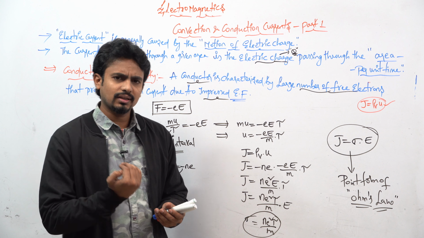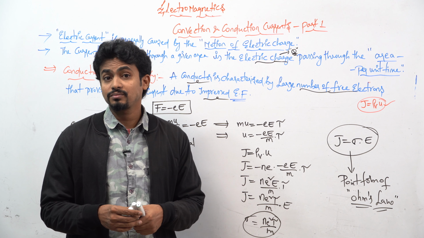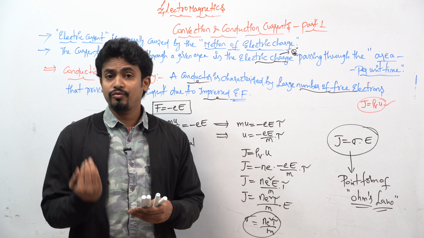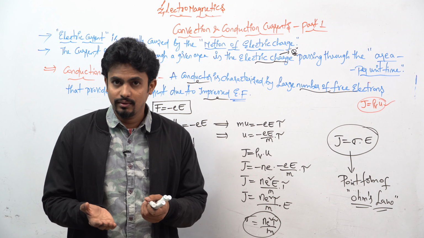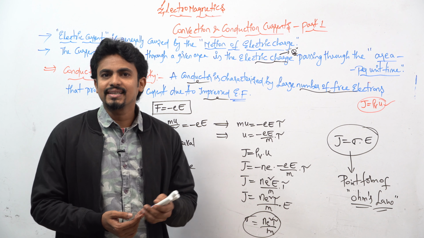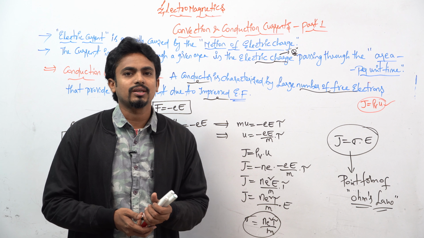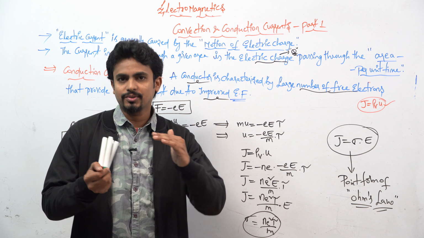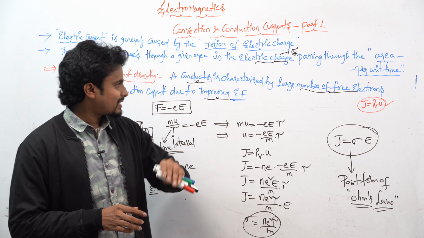If you move further, a lot of electrical circuit concepts are derived from this electromagnetic subject only. Whenever I start magnetostatic concepts, there you will get to know many more concepts.